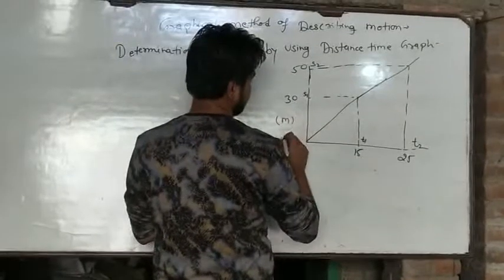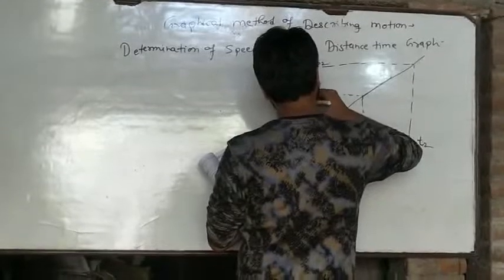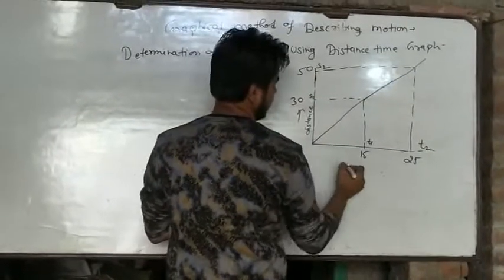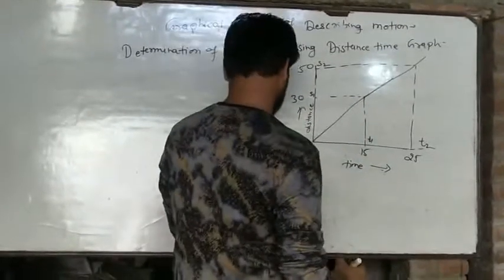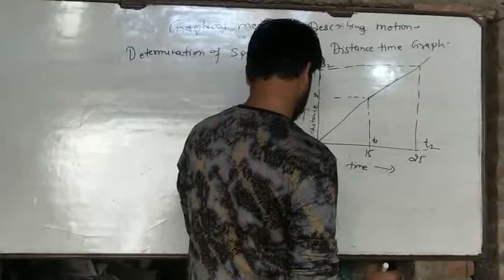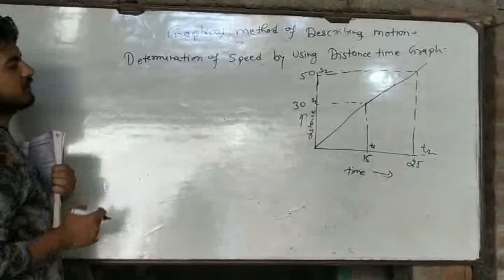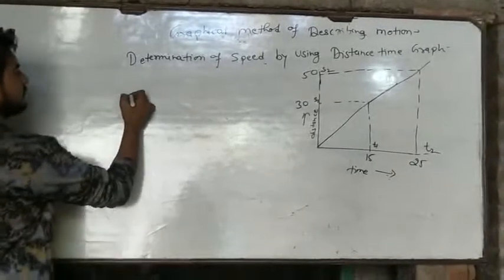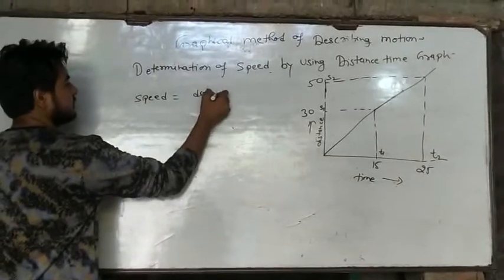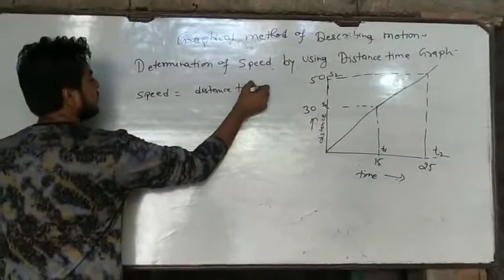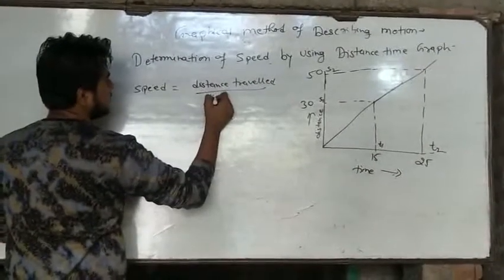This is distance upward, time horizontally. So how to determine speed? The formula for speed is equal to distance traveled by an object upon time taken.